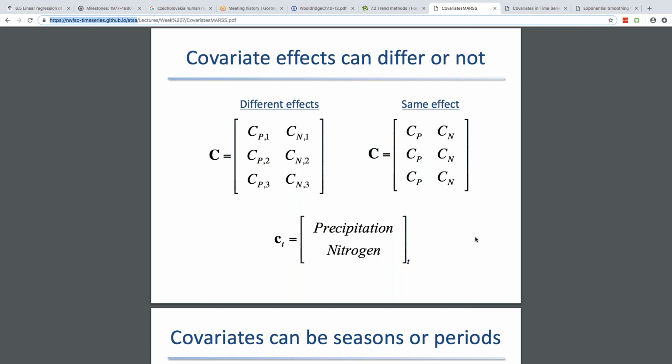And so you had time, which was year in your model, and then you had year squared. So you wouldn't want to include both of those in your model because it should be obvious that year and year squared are collinear. So instead what you do is you include year, and then the second covariate is everything in year squared that is not explained by year.